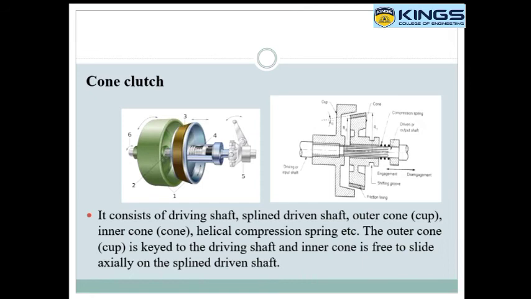So in the engaged condition, the inner cone is fitted into the outer cone. Due to the friction material, the power is transmitted between the driving shaft and driven shaft. When de-engaging, the inner cone is moved in the axial direction, and the de-engagement of the clutch is done.